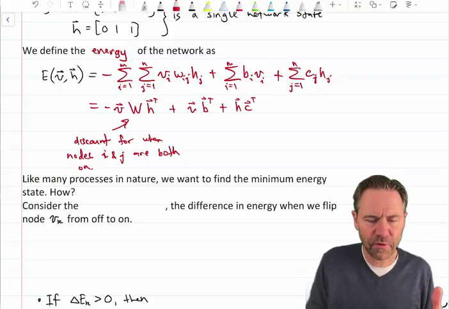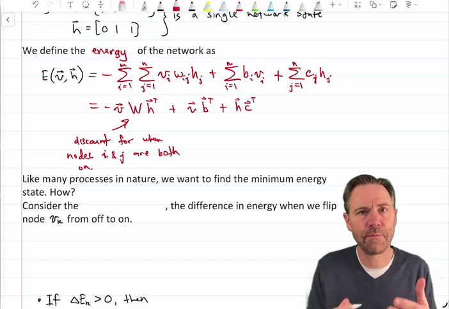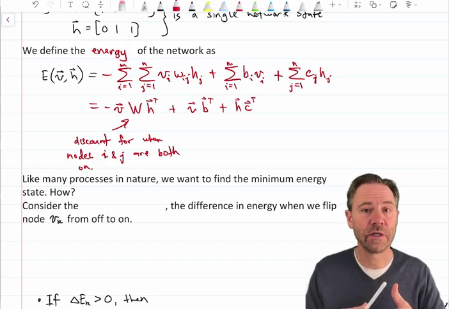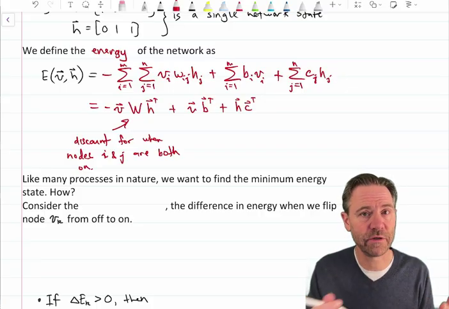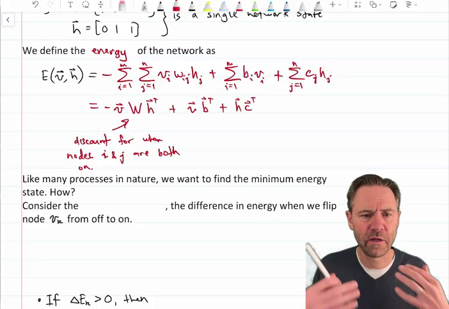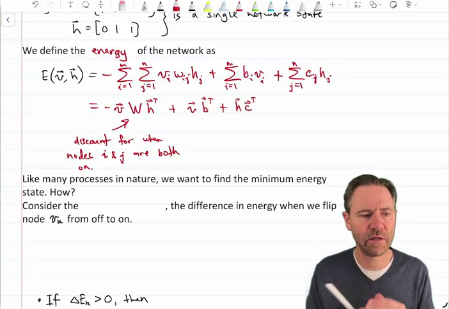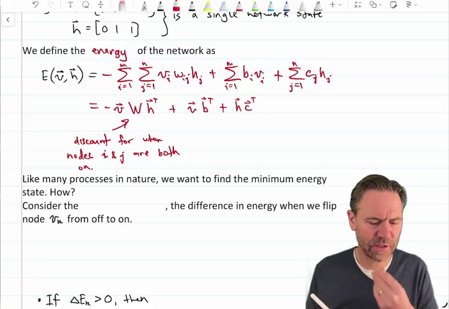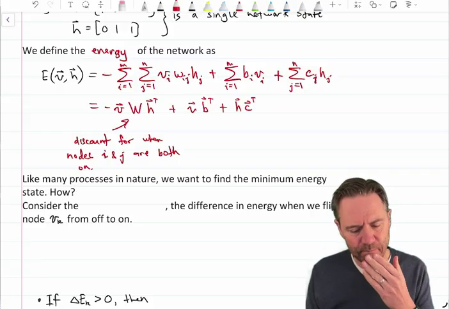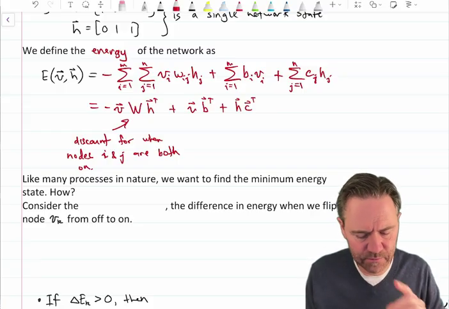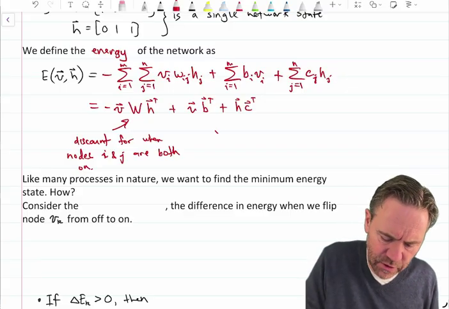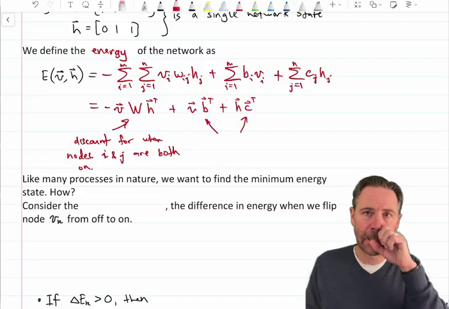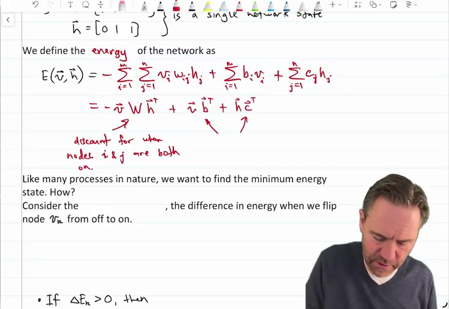You can see that if they're both on and there's a positive weight, that reduces the energy. If they're both on and there's a negative weight, that increases the energy. So when they're both on, we want a positive weight. These two terms are the energy incurred by turning a node on.